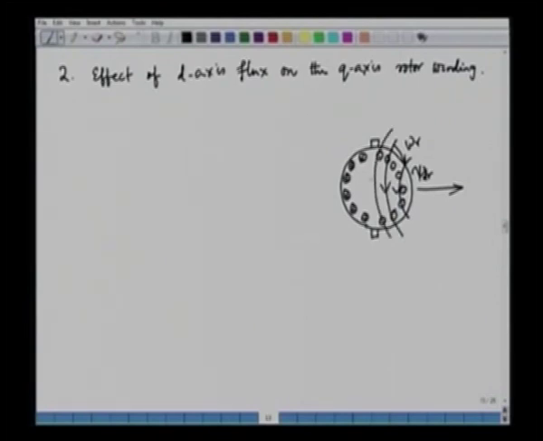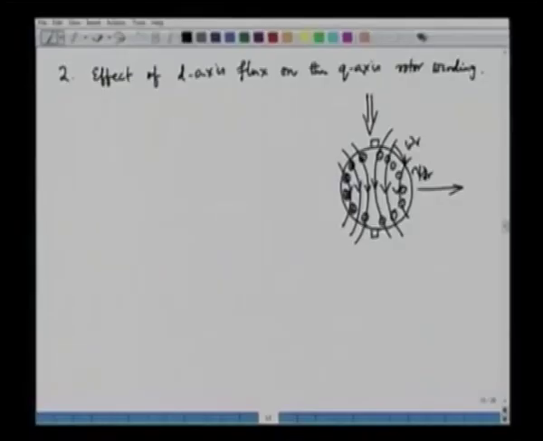So these are the flux linkage due to the conductors in the right hand side, and this would be the flux linkage due to the current carrying conductor in the left hand side, and the resultant flux linkage will be in this direction.